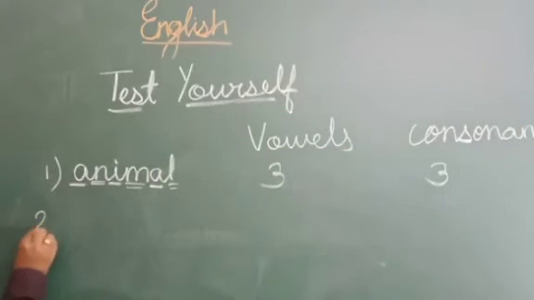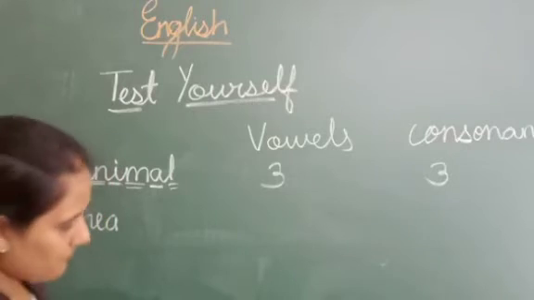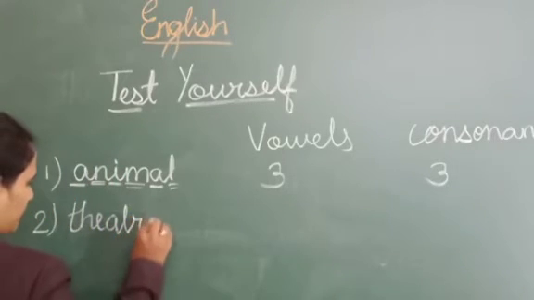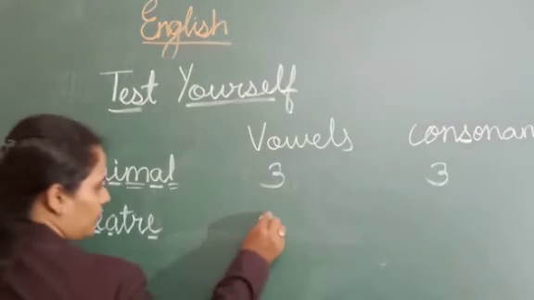Our second example over here is given. Now in this again how many vowels are there? 1, 2, 3. So what will you write over here? 3 vowels.